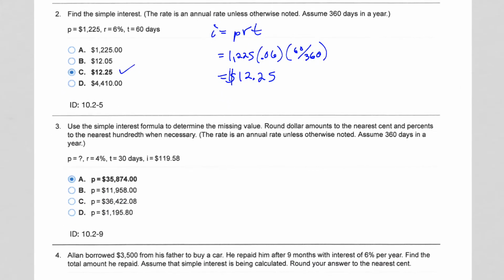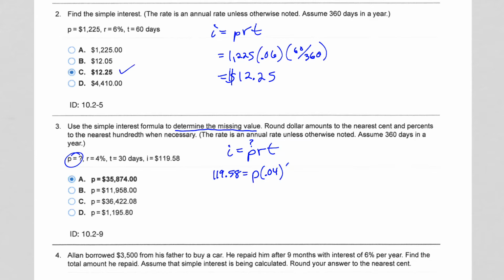Number 3, we have determine the missing value. Okay. So in this case, it's P. So I equals PRT. This is going to be the question right there. So we have the I is $119.58. The principal we don't know. The rate is 4%.